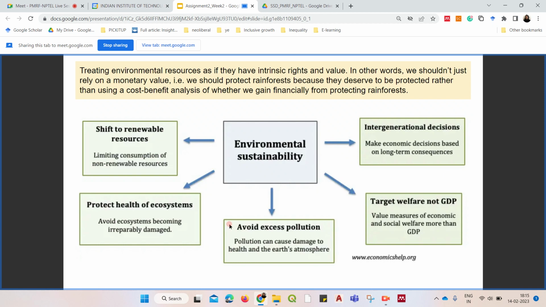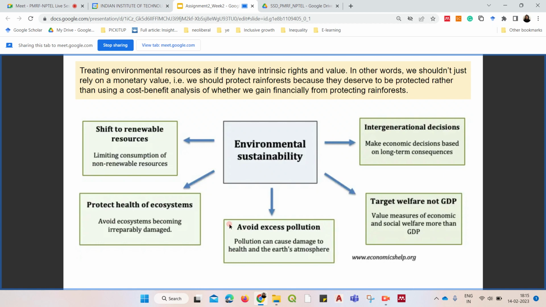So first is intergenerational decisions. What it means is that as environmental and economic sustainability are not totally different, there are several linkages between the both. So we do have to make a lot of economic decisions for our environmental resources as well.